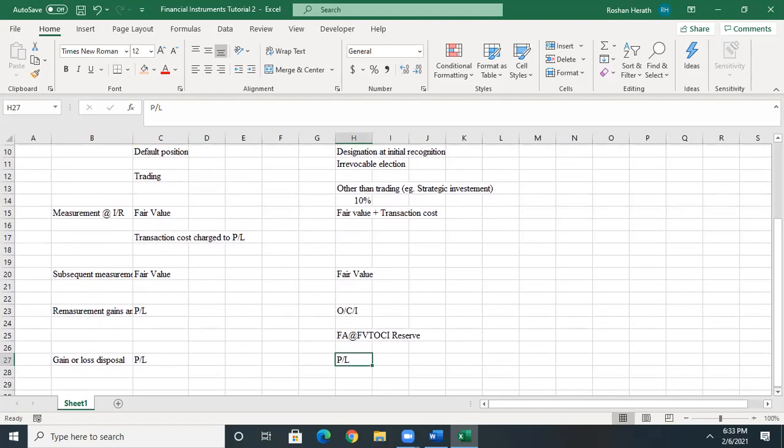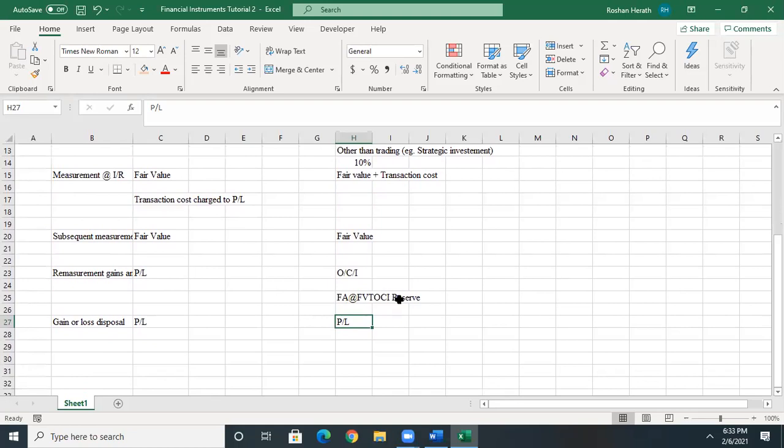Then what about the gains and losses accumulated in this particular reserve, because we agree that whatever is taken to the OCI would eventually end up in this reserve, the financial asset at fair value through other comprehensive income reserve.